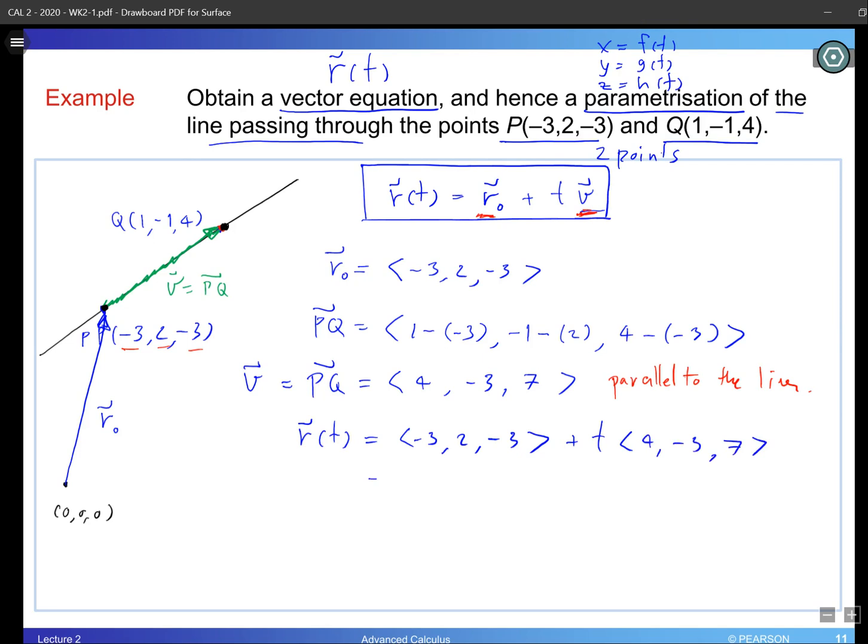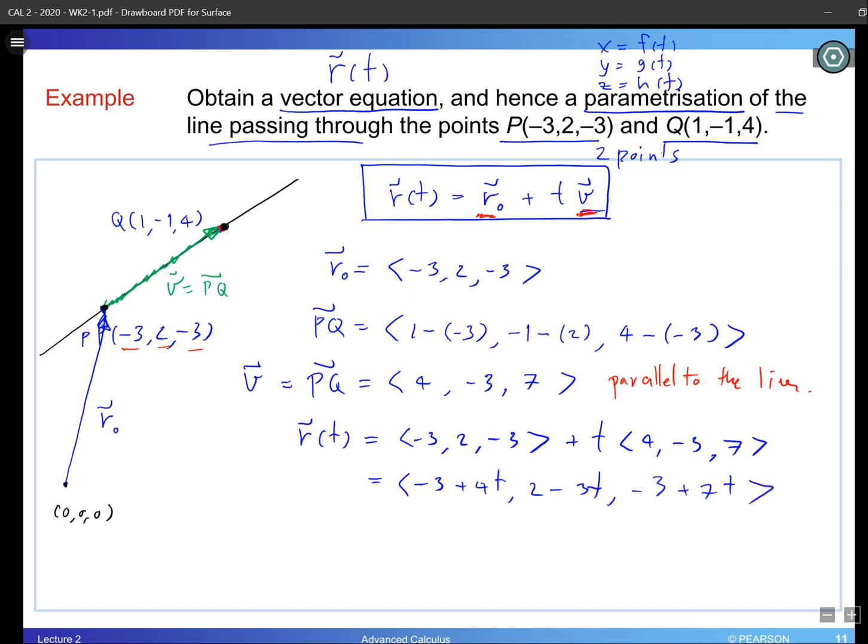Let's combine them into one set of components, and that would be -3 plus 4t, second component 2 minus 3t, and last component -3 plus 7t.